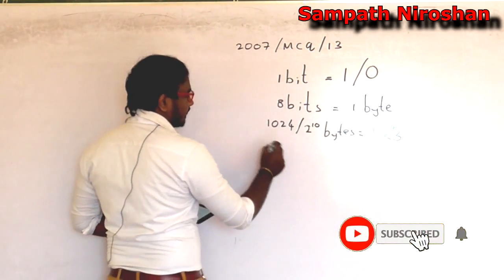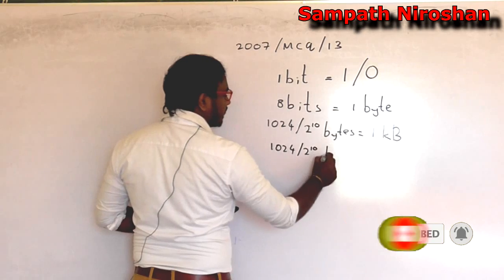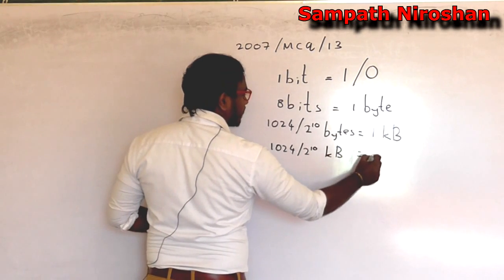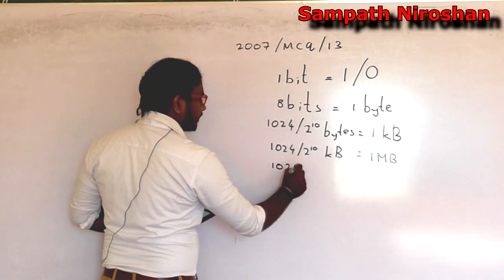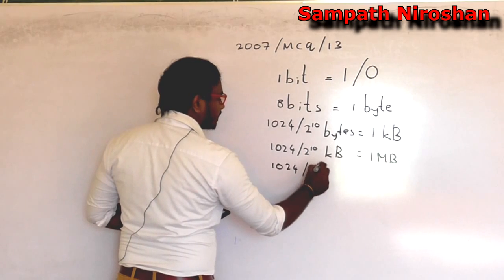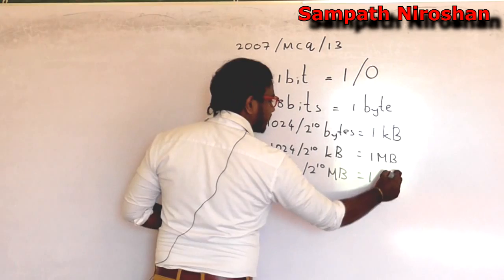Now, if you take the same amount, 1024 or 2 to the power 10 kilobytes, you call it a megabyte. And 1024 megabytes, or 2 to the power 10 megabytes, is equal to 1 gigabyte.